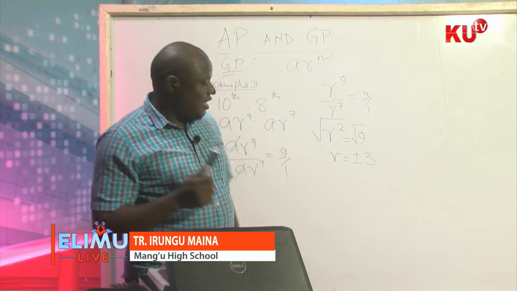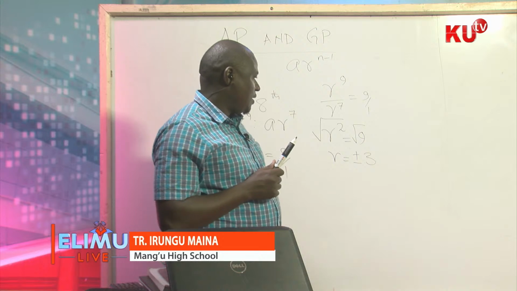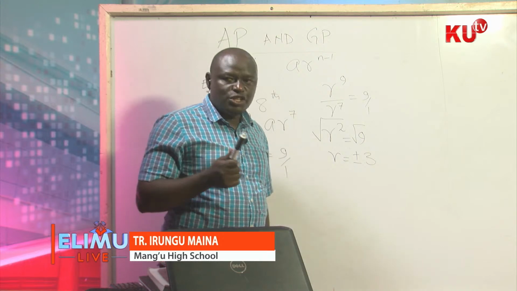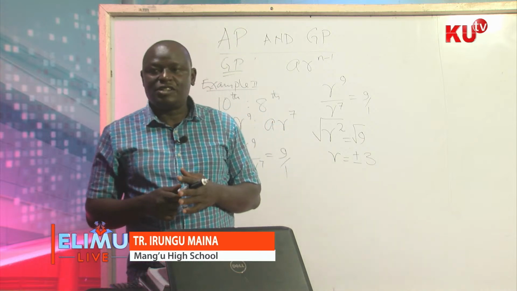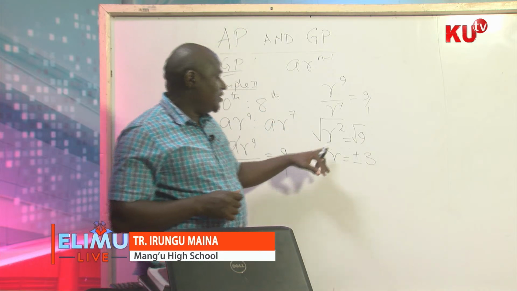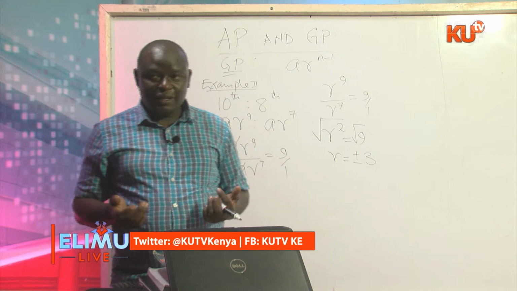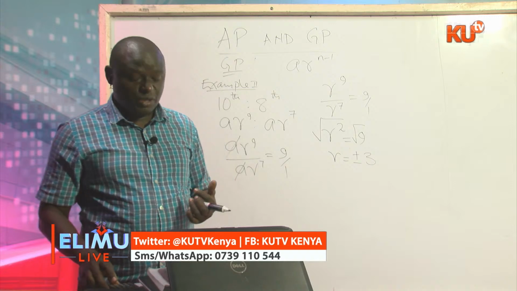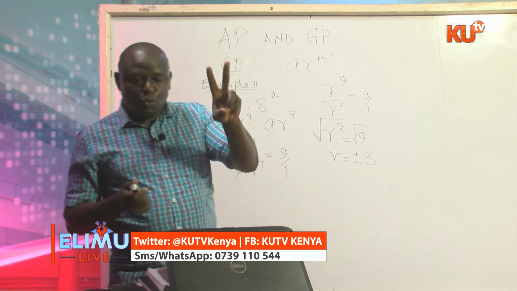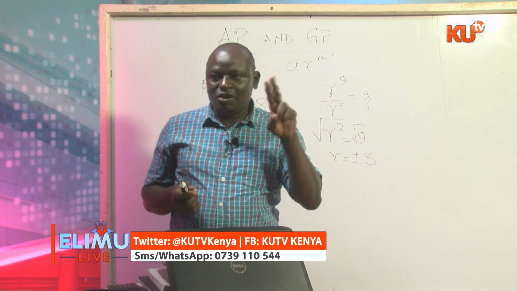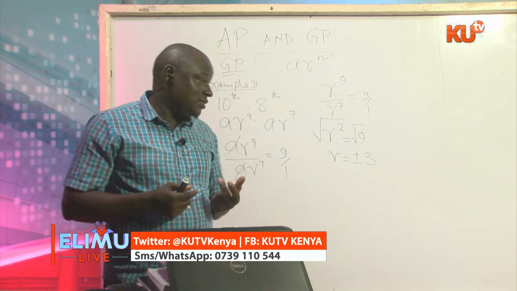Our common ratio is plus or minus 3. That's why the question asked, find the two possible common ratios. We knew there would be two. The mistake our learners make many times is that every time you get the square root of a number, you give the positive number. Allow me to emphasize in this lesson that every time you take a square root of a number, there are normally two possible answers, the negative of it and the positive of it.